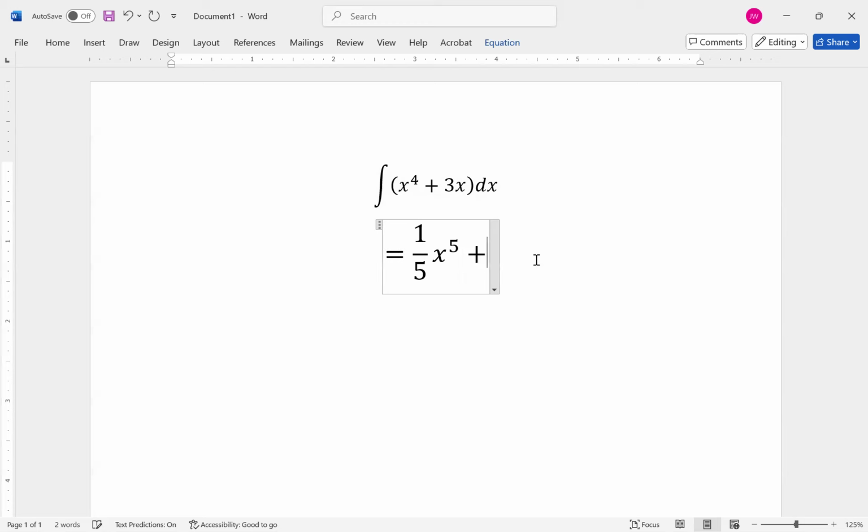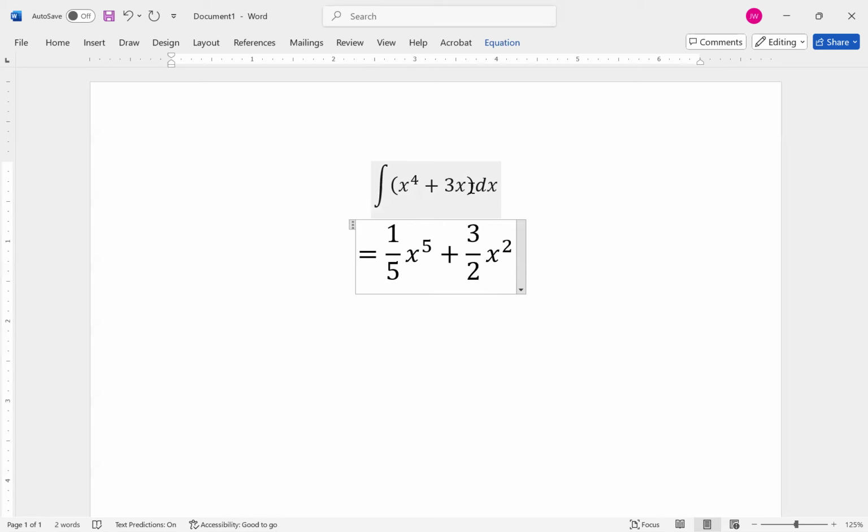In a similar way, I say, what do I need to take a derivative of to get x? Well, I need to use x squared. And then what coefficient, when I multiply it by 2, is going to give me a 3? That's going to be 3/2. So 1/5 x to the fifth plus 3/2 x squared would be an antiderivative.